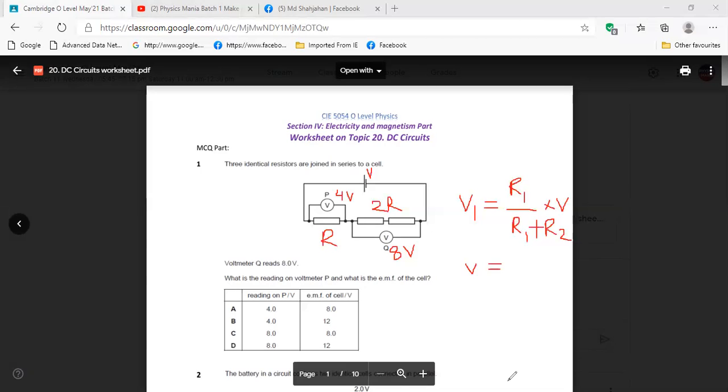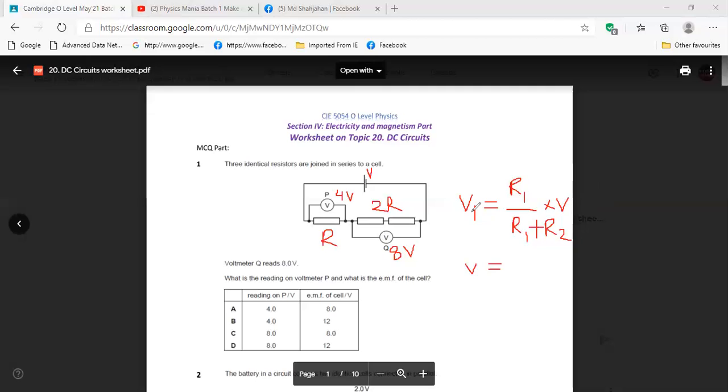Is it clear? So sir, is it R divided by R plus 2R into 8? No. Here we have V. You make V the subject. That means R1 plus R2 will go this side and R1 will go down. Then you put the values. V1 is 8 volt. V we have to find.